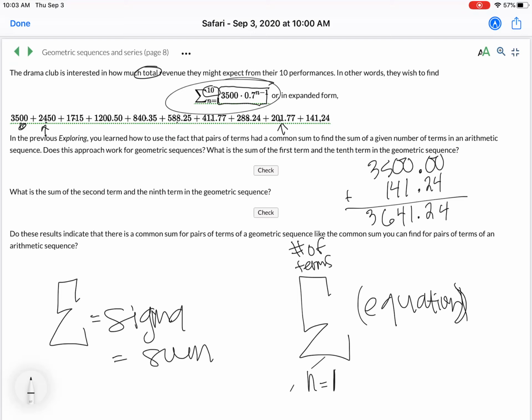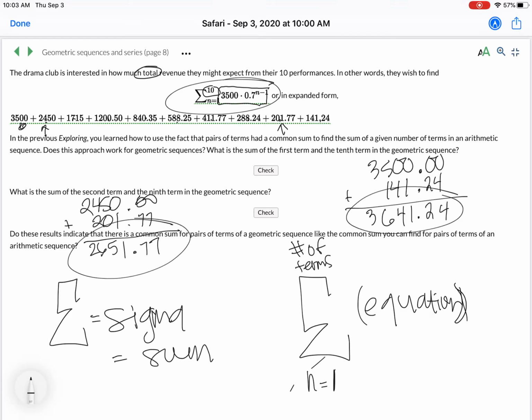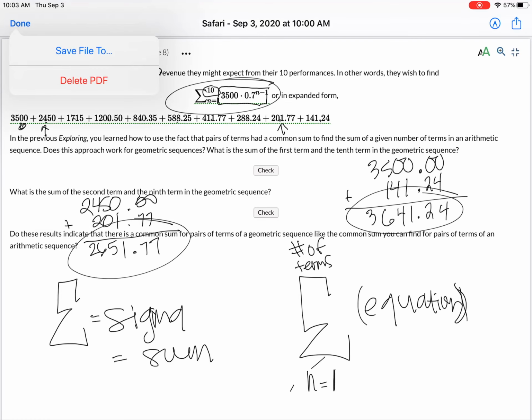So here's the second, here's the 9th. So I've got 2450 and 201.77. Does this equal this? No. Okay, so it can't work because those would have to be equal in order for me to do it the way we did yesterday by using pairs.